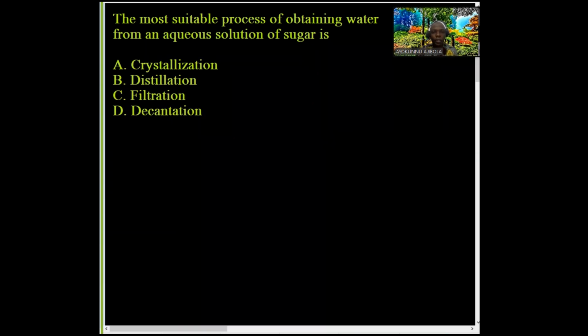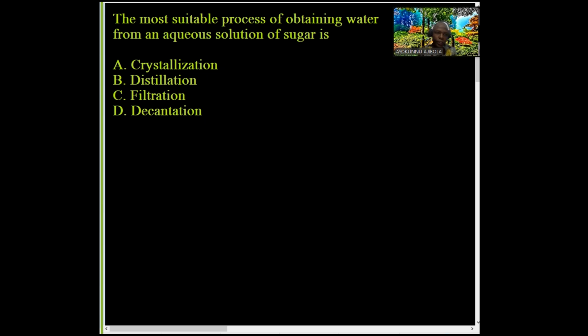You said crystallization. Crystallization is primarily used as a separation technique to obtain pure crystals of a substance from an impure crystal. Another important application of crystallization is that it is used to obtain pure salt from seawater.